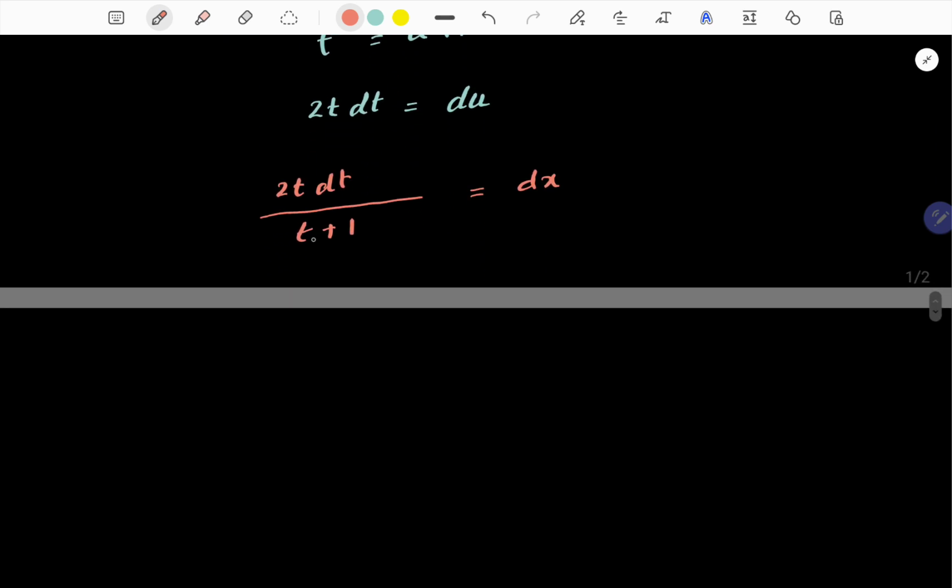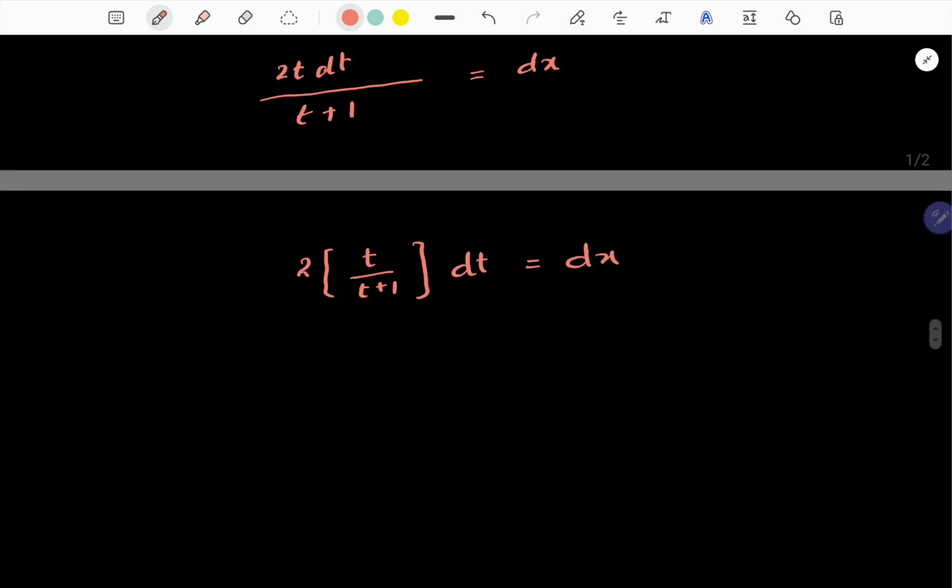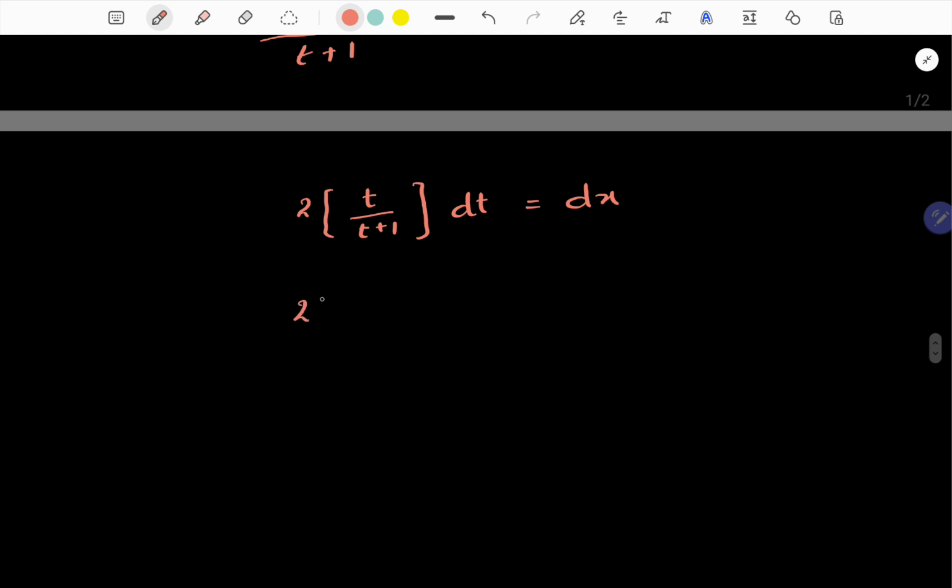Now we have to simplify this and integrate it. We can write 2 times t divided by t plus 1 dt equal to dx, and this implies 2 times t plus 1 minus 1 over t plus 1 dt equal to dx.